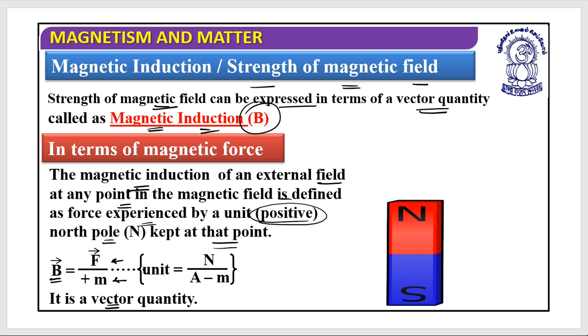If you remember, when we had the electric field E, we called it F divided by Q, the electrostatic force divided by charge Q, and this was Newton per coulomb. It is the electric field; this is the magnetic field, both are the same kind of thing. Here charge is there, here pole strength is there.